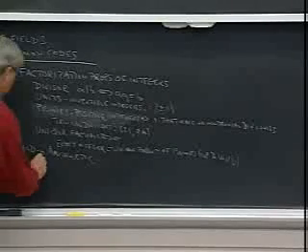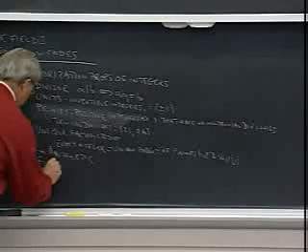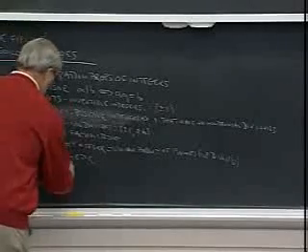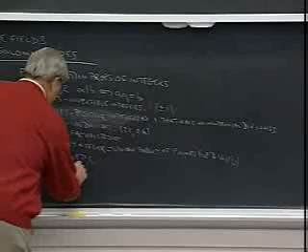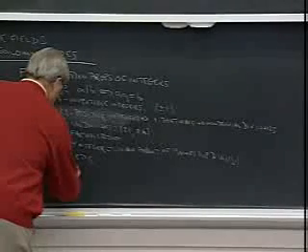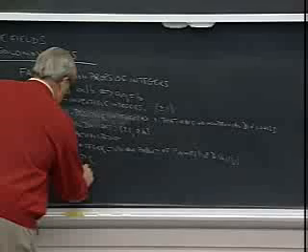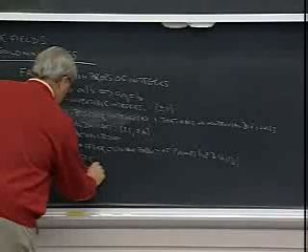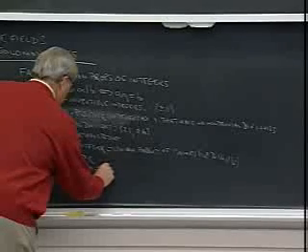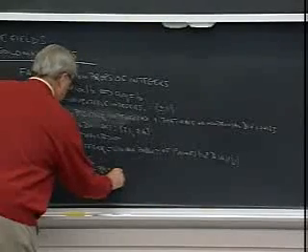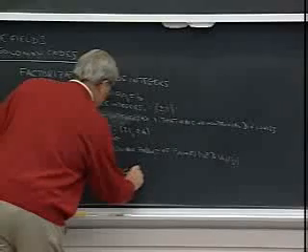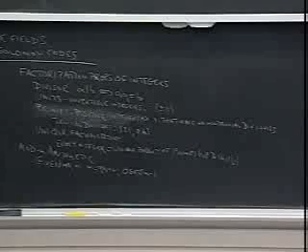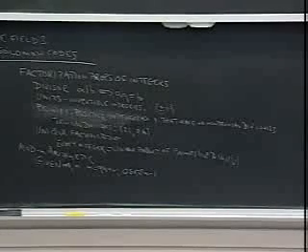We can think of this as being based on the Euclidean division algorithm, which basically proves that given any two integers, m and n, we can write m as some qn plus r, where 0 is less than or equal to r, less than or equal to n minus 1, and r is called the remainder of m modulo n.